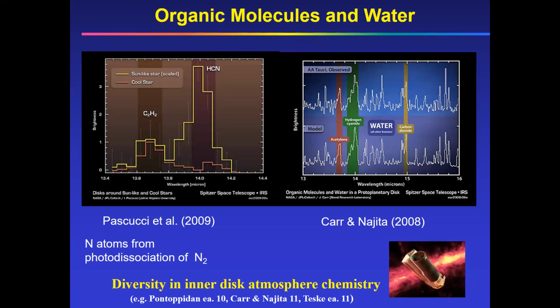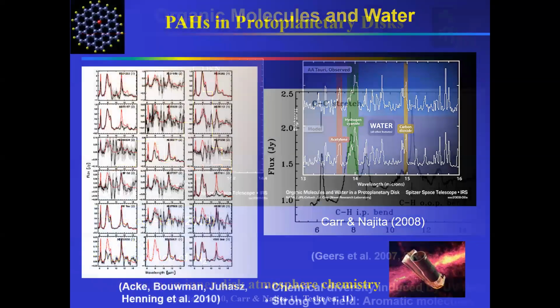And on the right side, you see an amazing spectrum of water. There's no noise. All these little bands you see are real. So these are all bands of water. And we see quite a diversity already in the inner disk atmosphere chemistry. But with Spitzer, we just scratched the surface. And I think we will see much more of these results in the coming years.